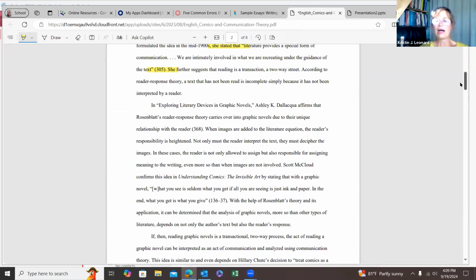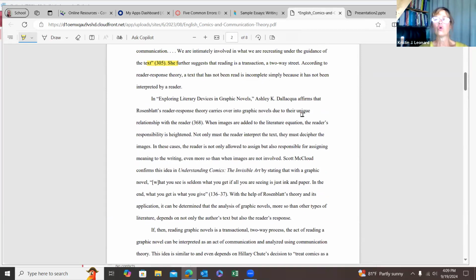So we have a direct quote. Right here we have Scott McCloud confirms this idea in Understanding Comics, the Invisible Art by stating with the graphic novel, quote, "What you see is seldom what you get if all you're seeing is just ink and paper. In the end, you get what you give."